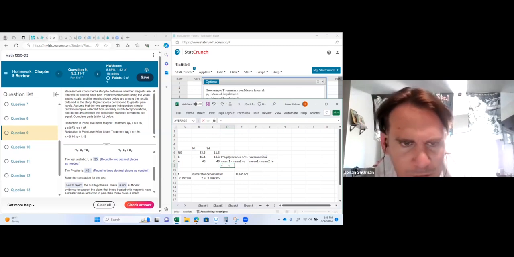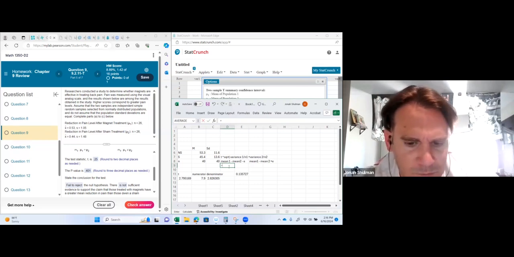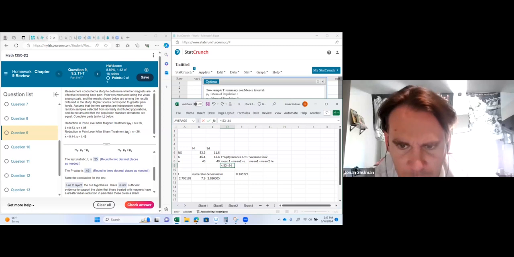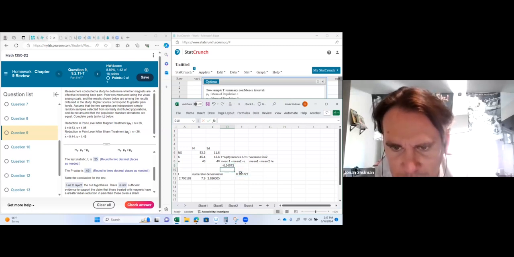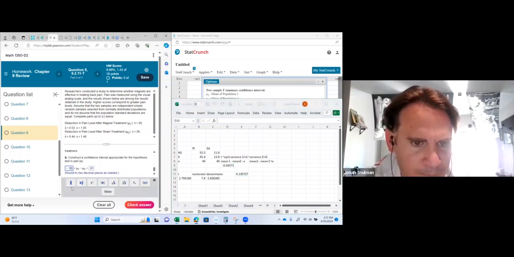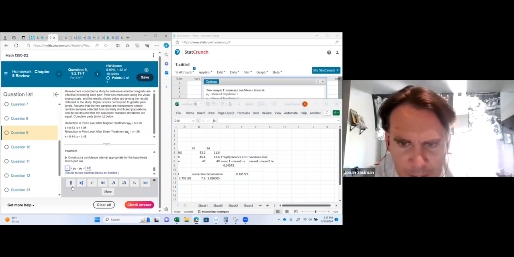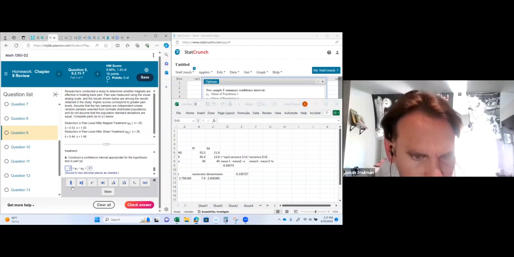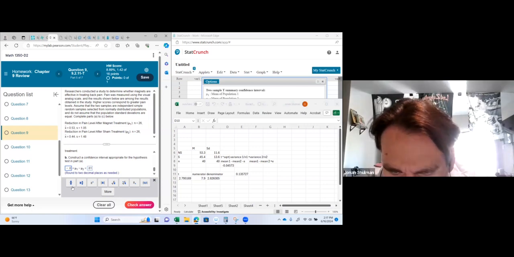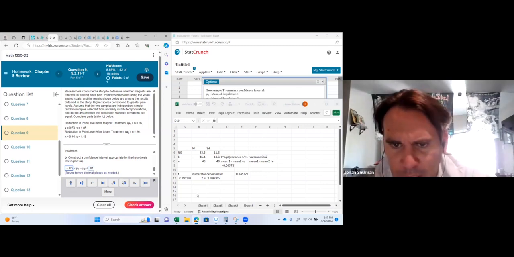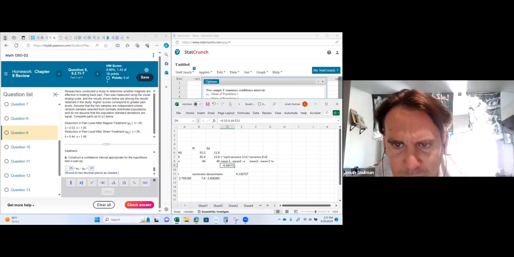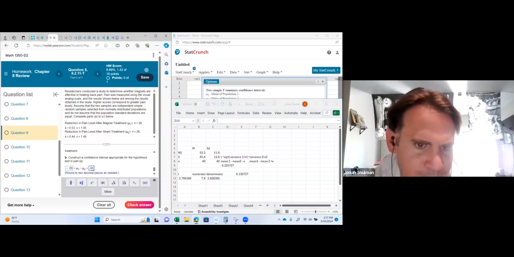So mean 1, which was 0.53, minus 0.44, minus this error. Negative 0.05 to 2 decimal places. And now I take this and do a plus here, and now it's a positive 0.23.